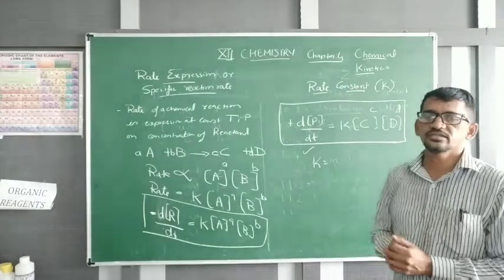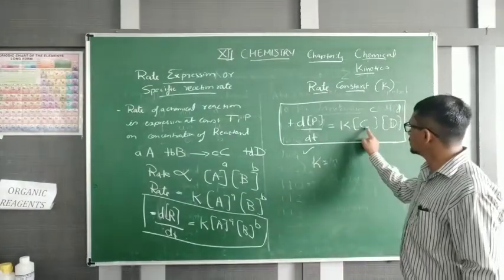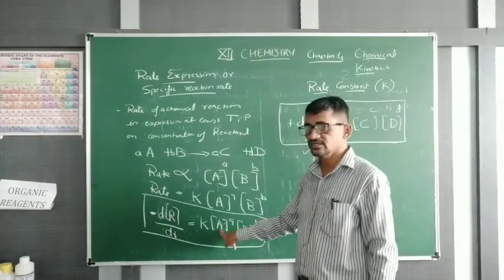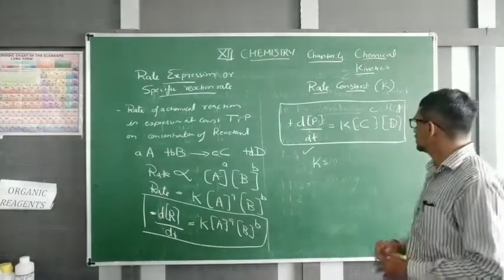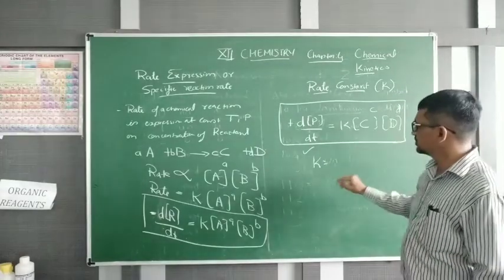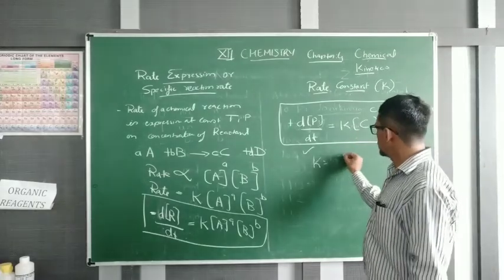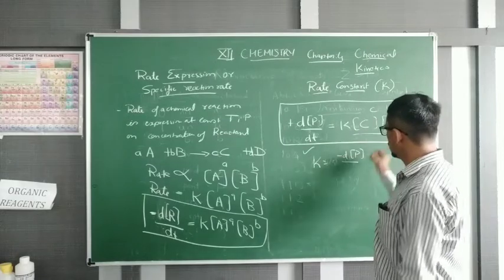How can you find this rate constant? Suppose we take the concentration of product or reactant. Here reactant is there and here product is there. You take it 1 mole fixed, then all values will come as 1. Then rate is equal to dP, K, and this all is equal to 1.